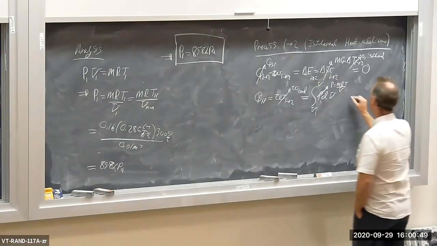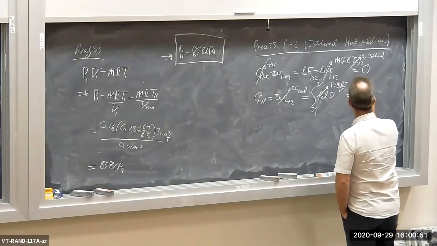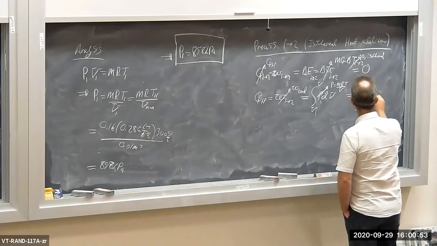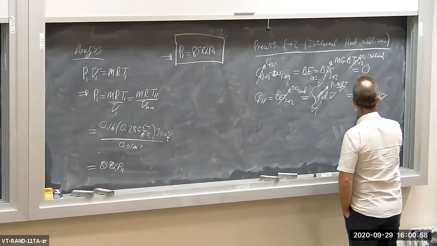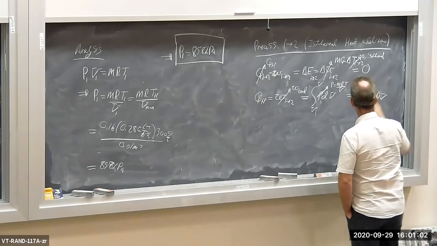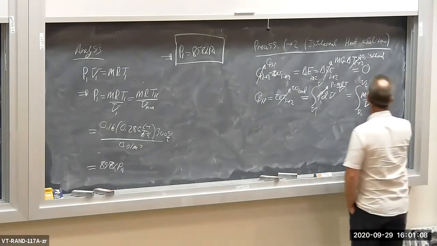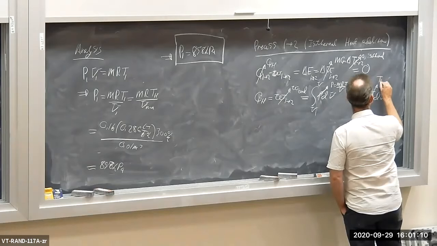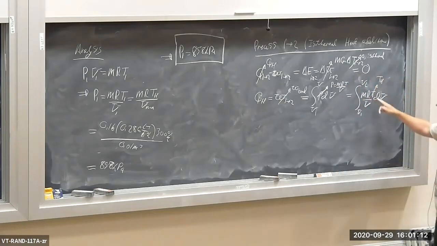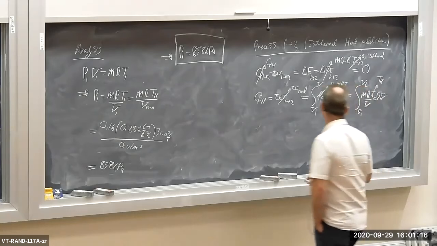So let's put this in the integral. mRT over V dV from 1 to 2. Now this is an isothermal process. Temperature is at T high the whole time during the process. It's a constant. That means along with mR, I can pull those things out of the integral.